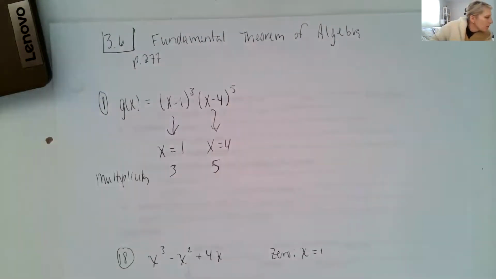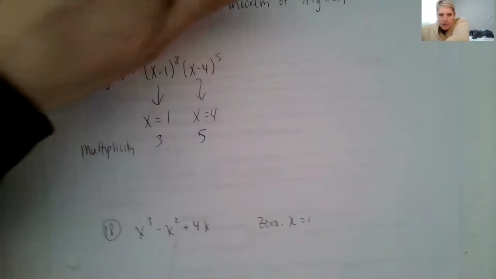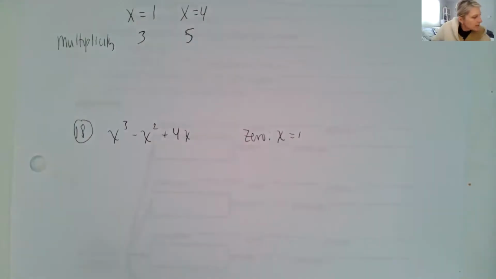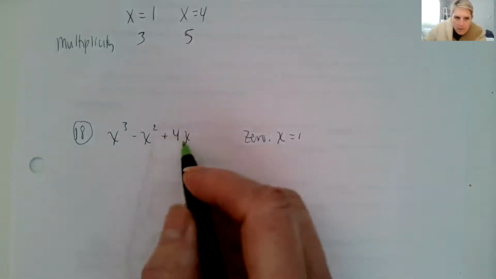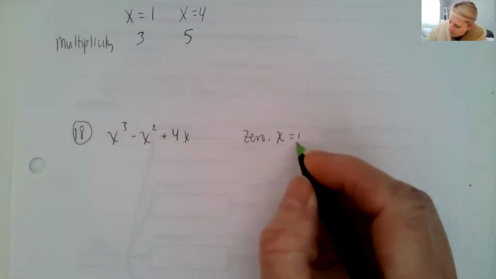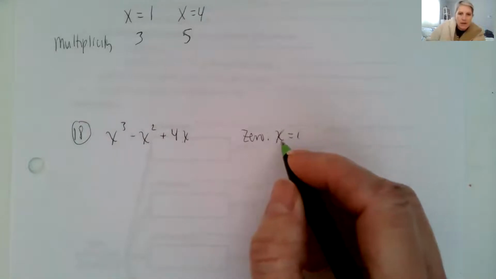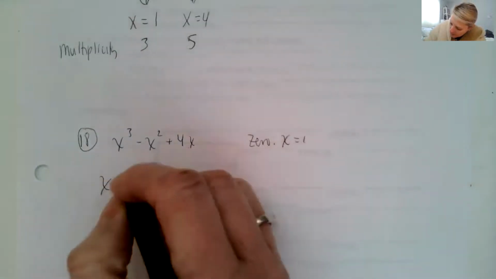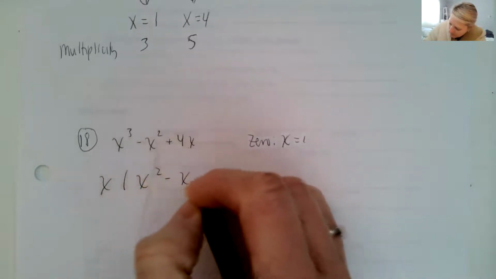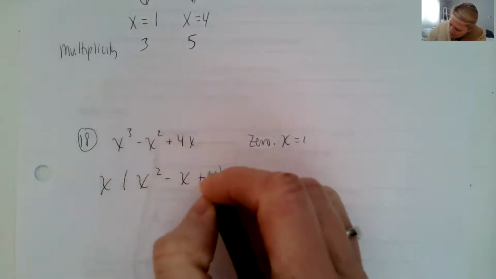Okay, number 18 is the next one I want to look at. Number 18 states one zero of each polynomial is given. Use it to express the polynomial as a product of linear and irreducible quadratic factors. We know that 1 is a zero, but I'm going to factor this and we get x squared minus x plus 4.